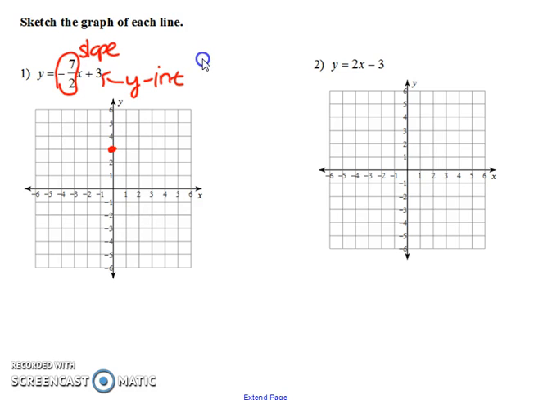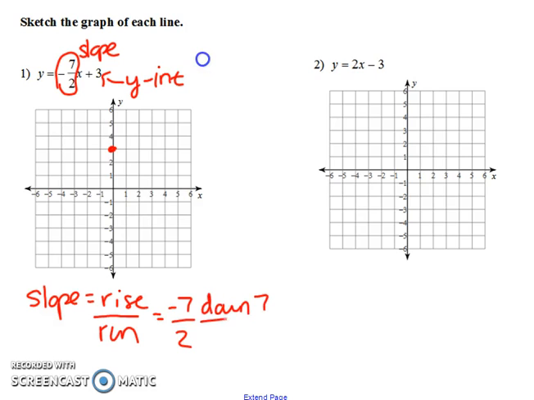Then you have to do your slope, and remember slope is rise over run. So if you have a -7 and a 2, that means you're going to go down 7 and then right 2.